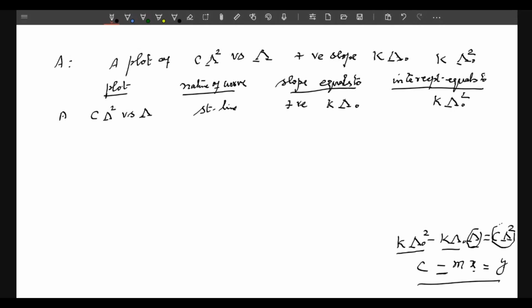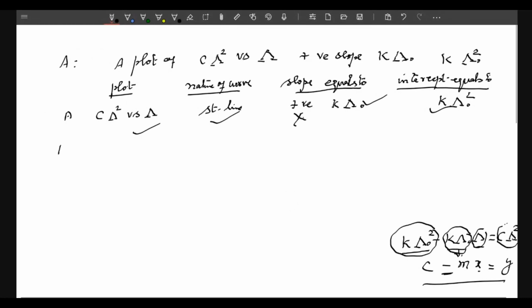But the slope is negative, and the slope is equal to K into lambda naught, and the intercept is equal to K lambda naught square. This is correct, this is correct, this is correct, but this is wrong. This is one option.